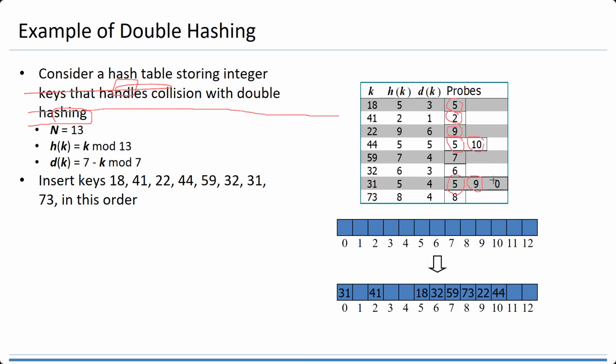In order to minimize this collision, we can use the double hashing or we can use the linear probing. If you use the linear probing, it will be until n times, so n multiplied by n, so it means it will be n to the power of 2. But with the double hashing, we can minimize the searching.